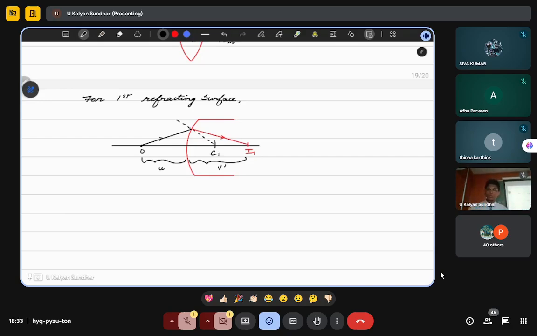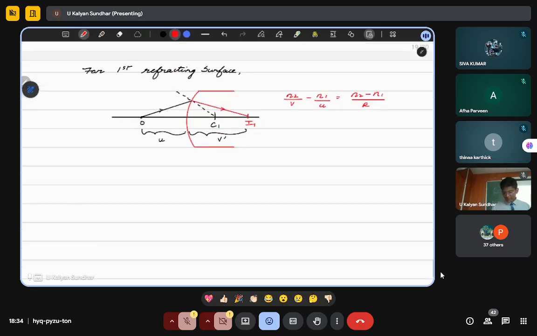Now, how do you apply it? We already know the expression. What is the relation for refraction at spherical surfaces? N2 by V minus N1 by U will be equal to N2 minus N1 by the radius of curvature. Correct? Now we are going to apply it for the first surface.